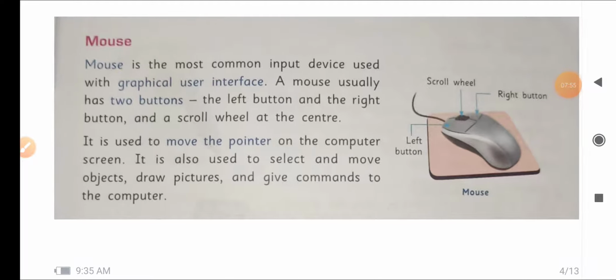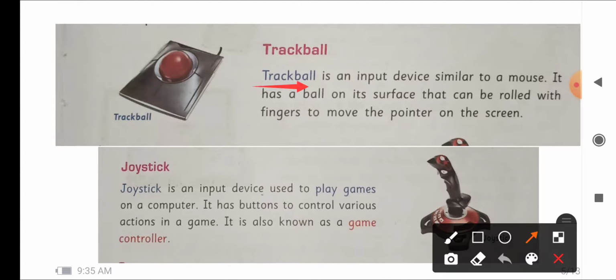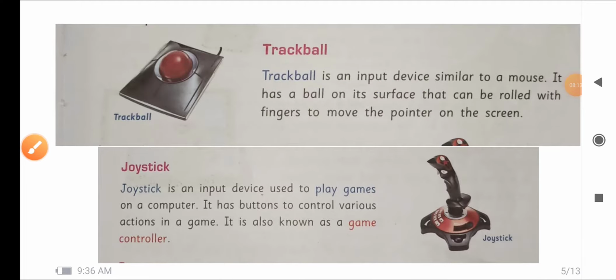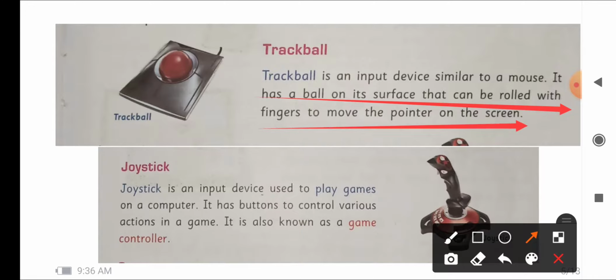Now the next one is trackball. Okay, so trackball is an input device similar to a mouse. It has a ball on its surface that can be rolled with fingers to move the pointer on the screen.